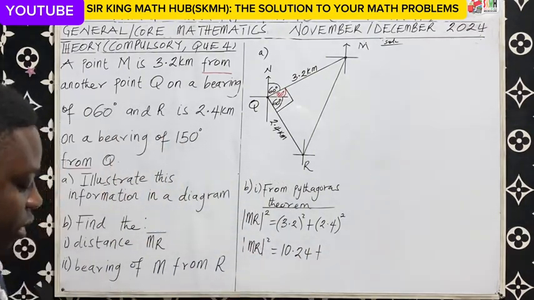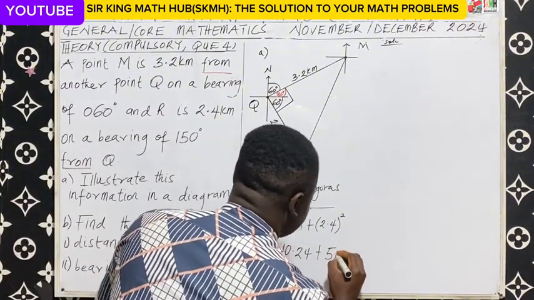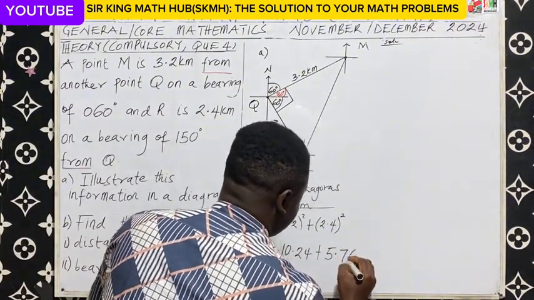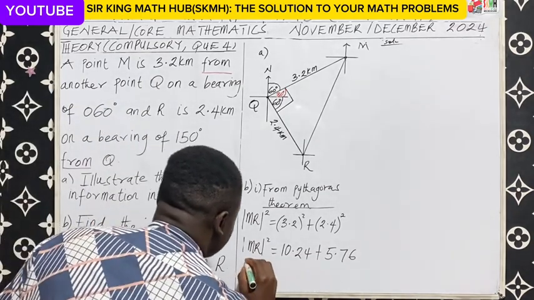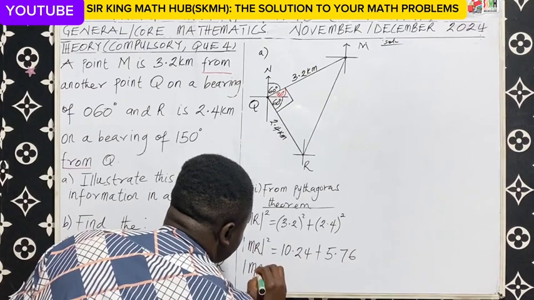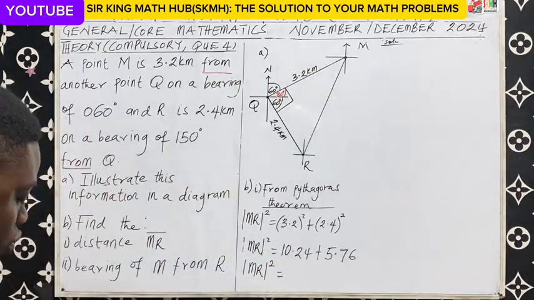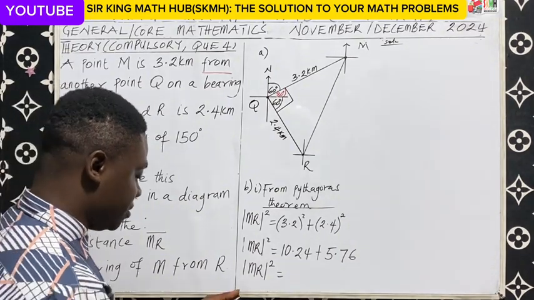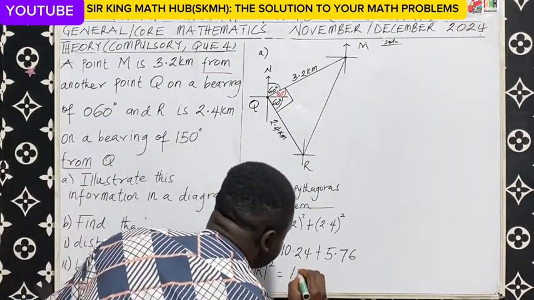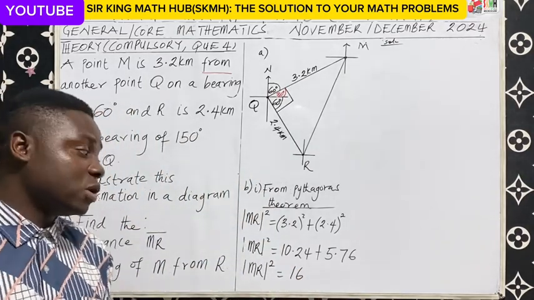Then 2.4 squared, that is giving us 5.76. So MR squared is equal to 10.24 plus 5.76. That is 16. We are looking for MR, not MR squared.